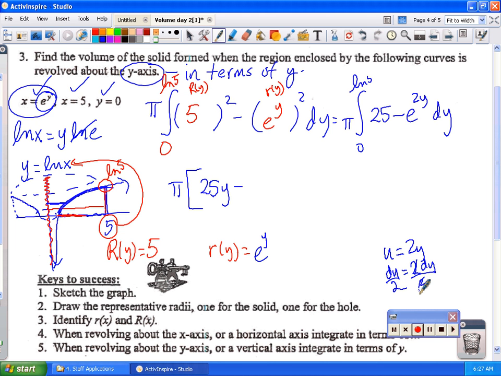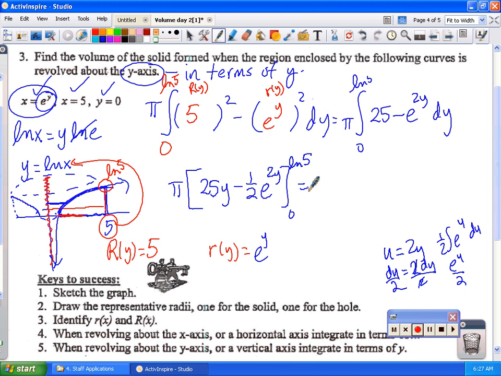So we would have half the integral of e to the u du, which is e to the u over 2. So that would give me over here 1/2 e to the 2y evaluated from 0 to the ln of 5.